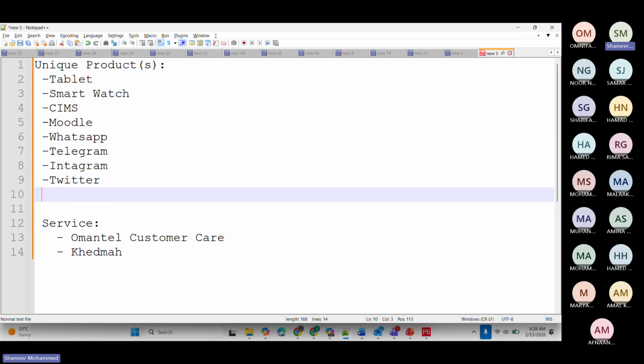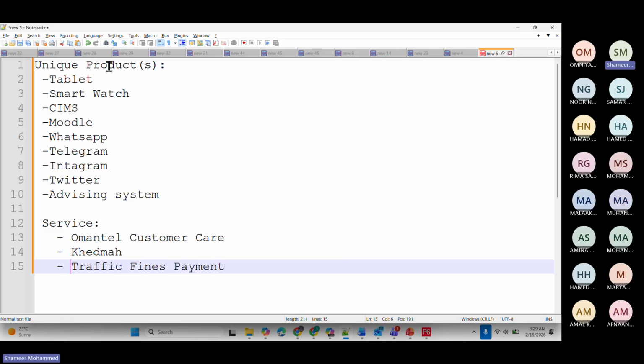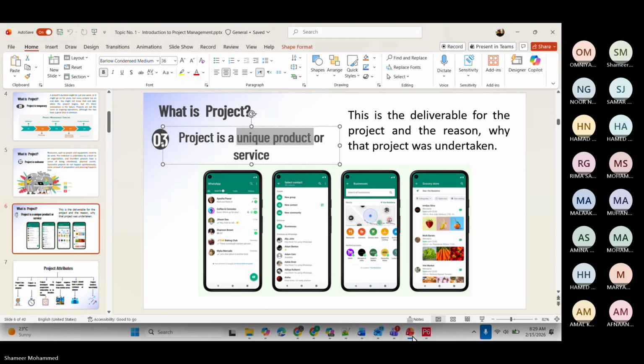Our advising system, right? These are some products and these are some services. Traffic fine, payment, right? So these are the services or the unique products that you are going to produce. So you are going to produce a unique product or a service by undertaking the project.